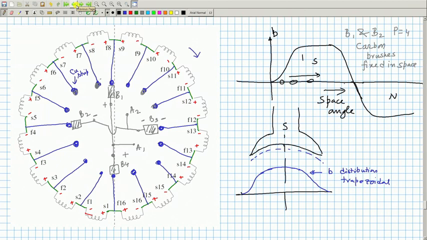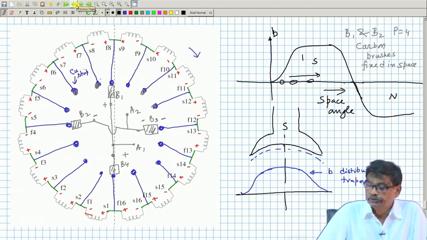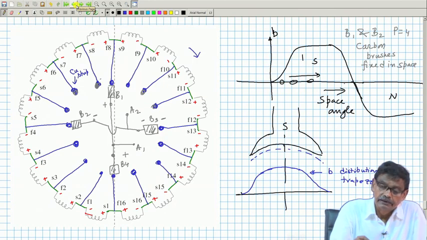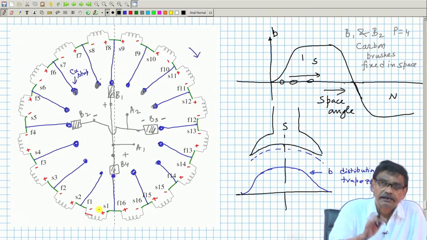So, in this simplified diagram, you recall that earlier for a 4-pole machine, we had this simplified winding diagram. I need not go to the slot and show the exact winding, how it is done, provided I know how I am representing a coil in these slots in this diagram.